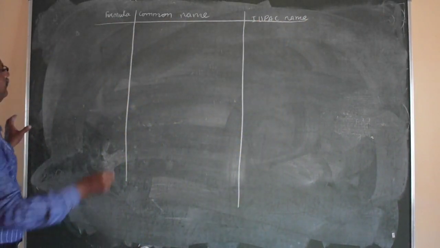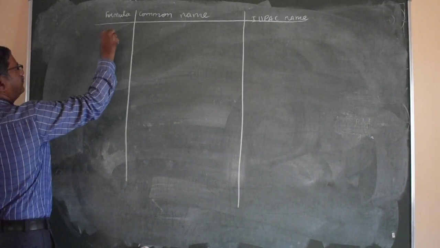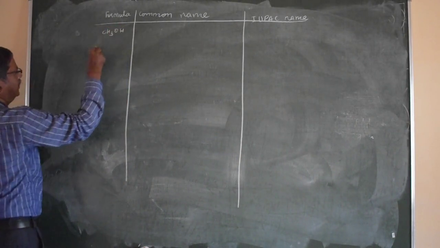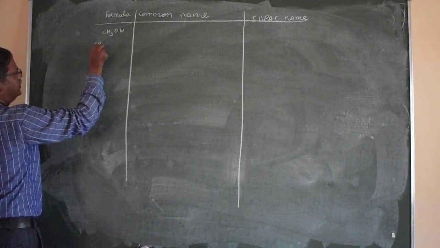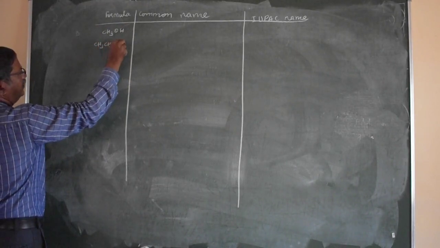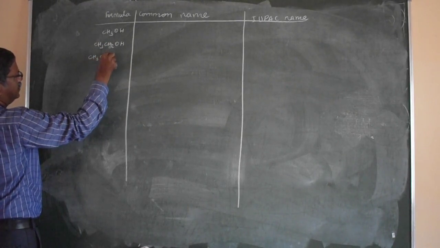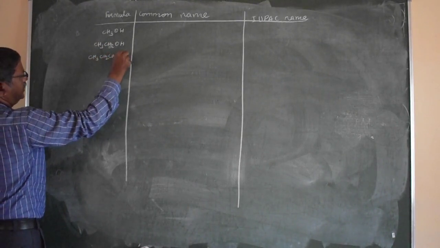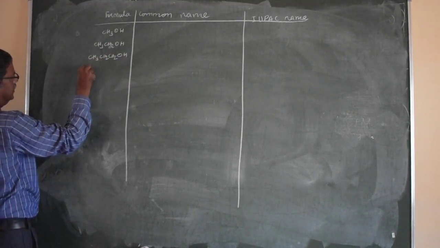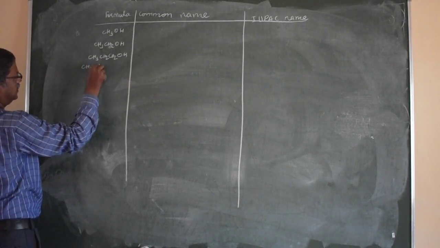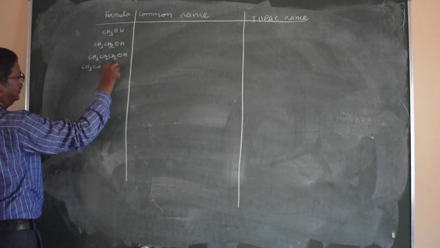So the formulas: CH3OH, then CH3CH2OH. I am writing some examples here. CH3CH2CH2OH, then CH3CH(OH)CH3.